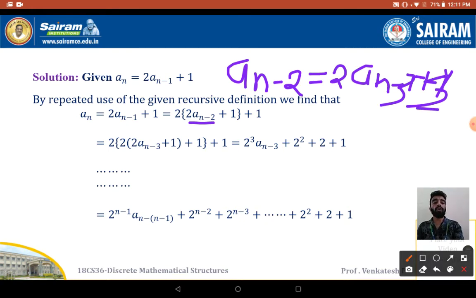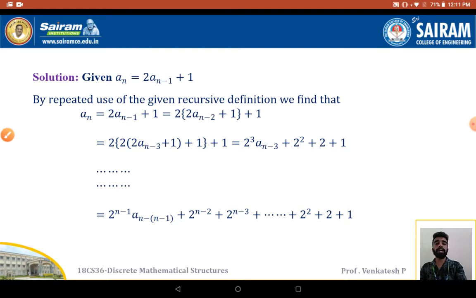So on expanding these equations further, I get 2 into 2 into 2, 2 cube, again 2 into 2, 2 square, plus 2 into 1, plus 2, plus 1. On expanding this equation for n-1 times, I get a_n = 2^{n-1} a_{n-(n-1)} + 2^{n-2} + 2^{n-3} and so on, plus 2 square plus 2 plus 1.